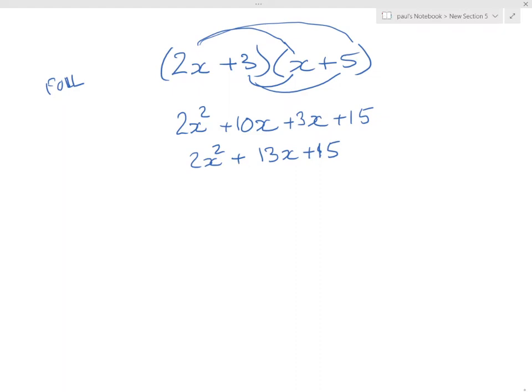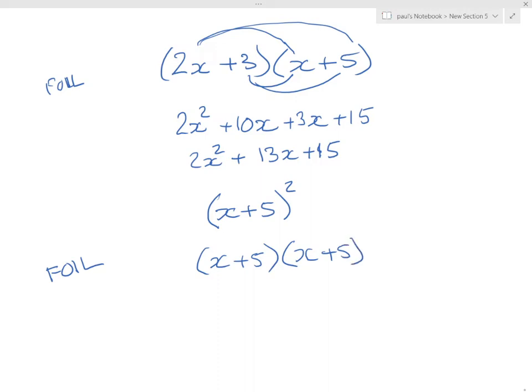Now sometimes they will give it to you like this with a square. Now don't worry, it's still a FOIL question, but there's something to do before you actually get to the FOIL. Because this is squared, it means x plus 5 times itself. So you may as well just write it like this, x plus 5 times x plus 5.